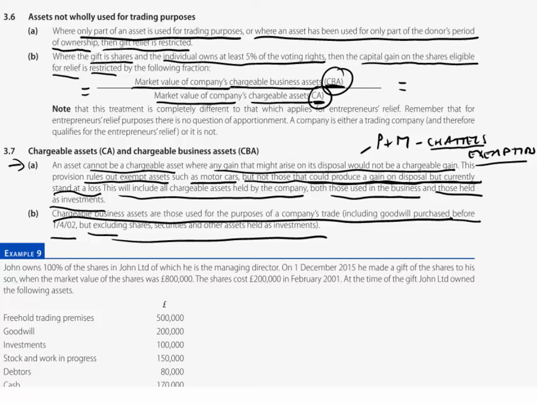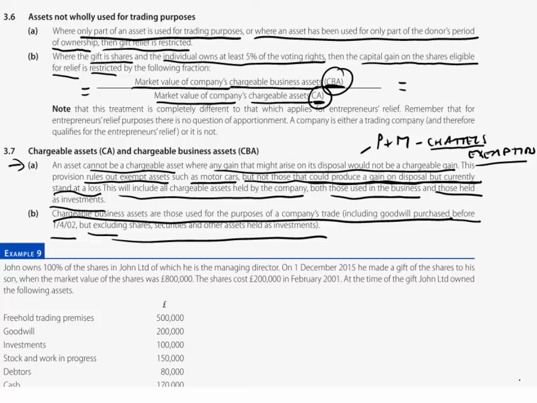This is not like entrepreneurs relief that we made mention of at the beginning of this chapter, where so long as it's defined as a trading company, you get entrepreneurs relief on the entirety of the gain. There's no apportionment. Either the gain does or does not qualify for ER, for entrepreneurs relief. But with rollover and with gift relief, we work on a proportionate basis. The proportions here in relation to shares gifted, chargeable business assets over chargeable assets.